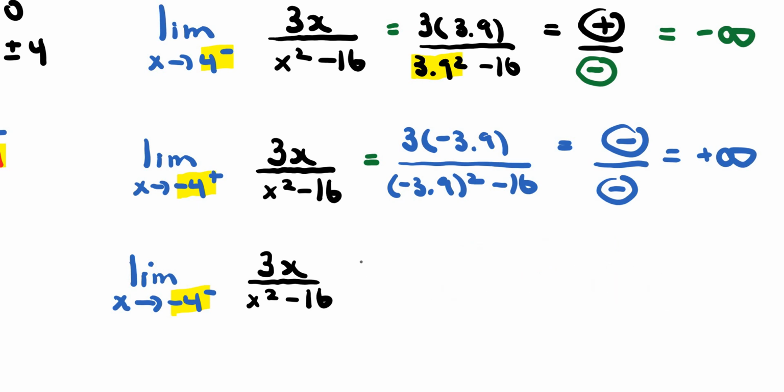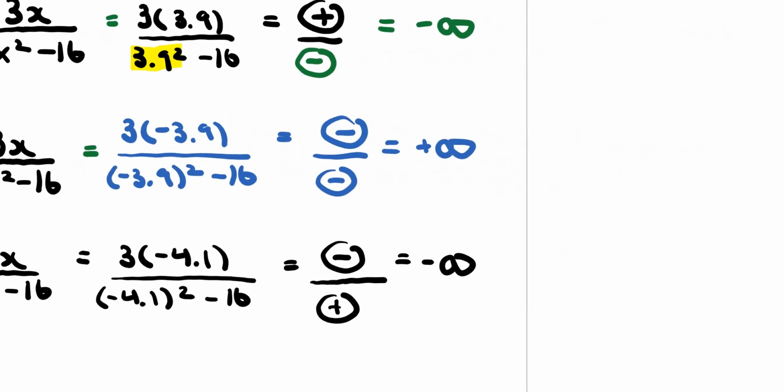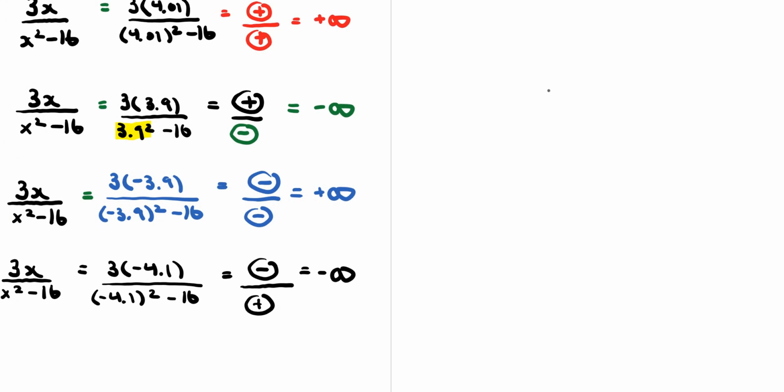And finally, with this last one here, we can type in 3 times negative 4.1 all over bracket negative 4.1 squared minus 16. The numerator is negative, and the denominator is going to be positive, and this gives you negative infinity. Okay. So those are your answers, and if you want to do a little sketch of this graph here, here's your negative 4, that's your positive 4.